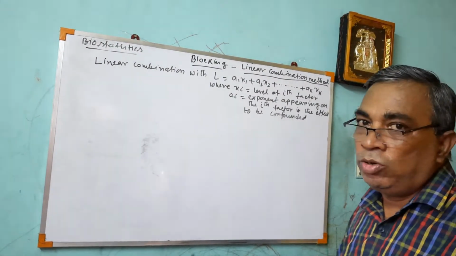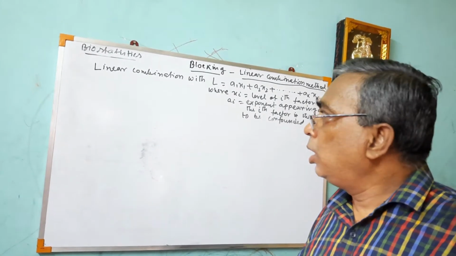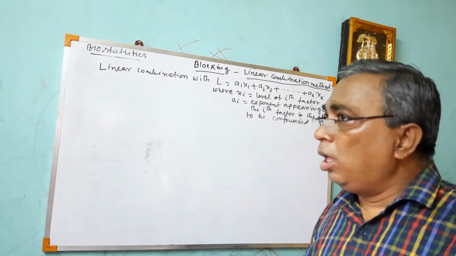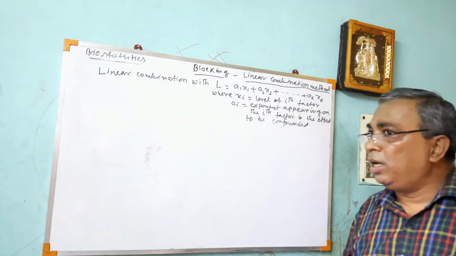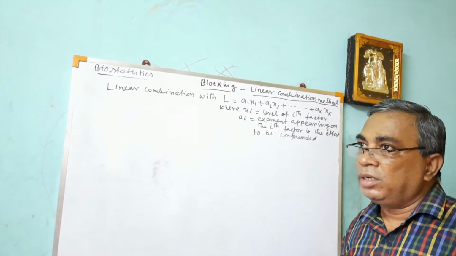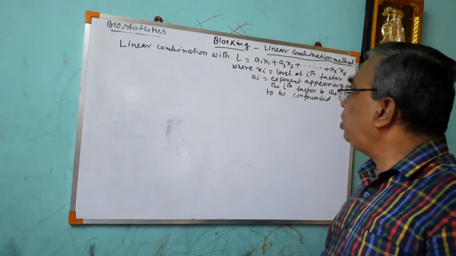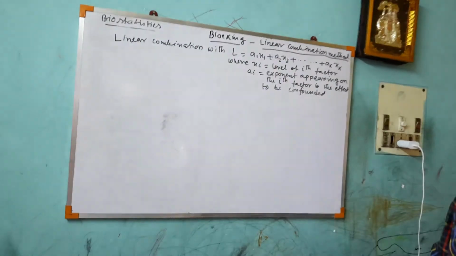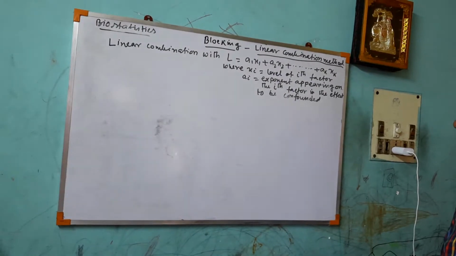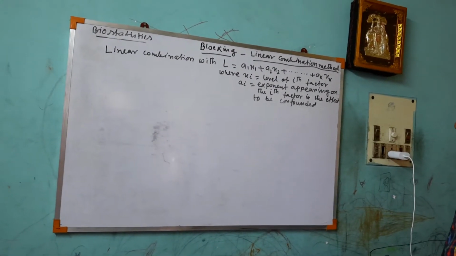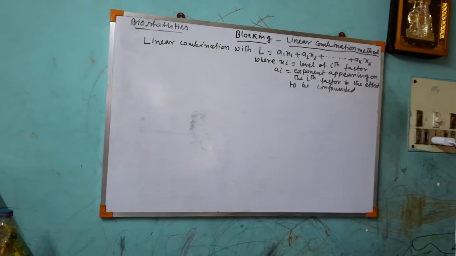In my previous video, you saw the definition of blocking, why blocking, and how to arrange the treatment combination using the sign table. Now in this video you will understand how to arrange the treatment combination into blocks by the linear combination method.